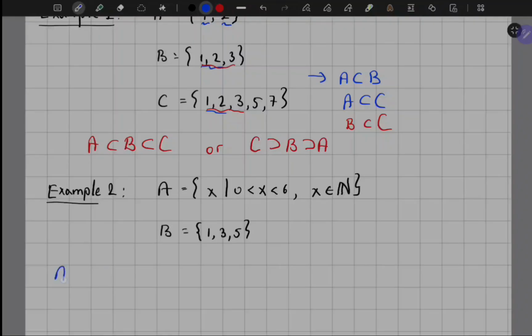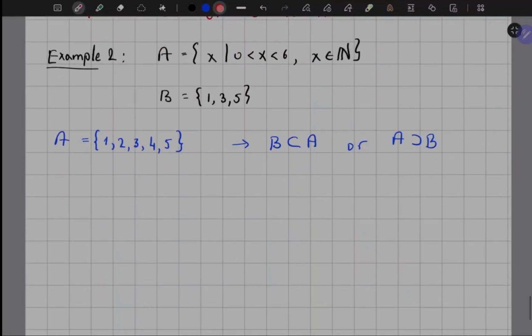If we write set A, we can see that A contains 1, 2, 3, 4, and 5. So, every element of B belongs to A. So, we can conclude that B is a subset of A, or equivalently, we can write it like this.